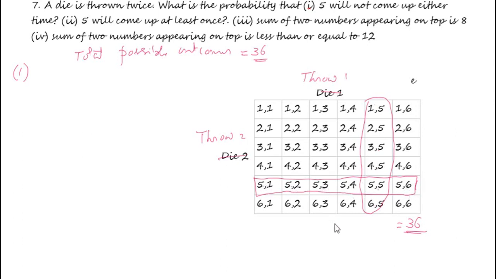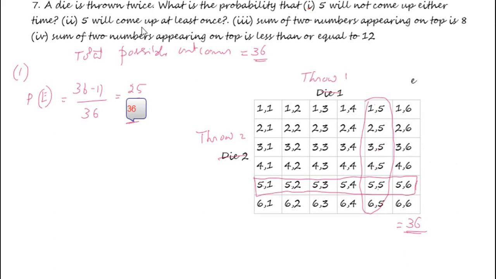So 11 times 5 appears. But here it says 5 will not come up. That is 36 minus 11. So PE, the probability of the event: favorable outcomes are all the outcomes other than what I have marked here. So that is 36 minus 11 divided by total possible outcomes, that is 36. Answer is 25 divided by 36.